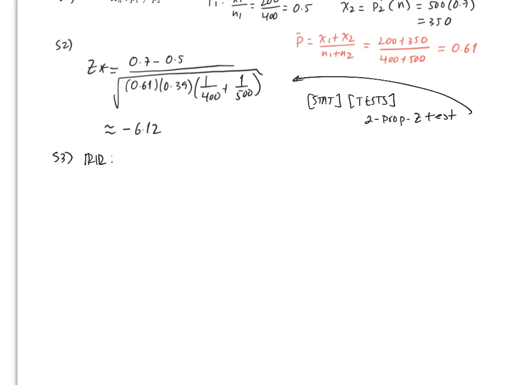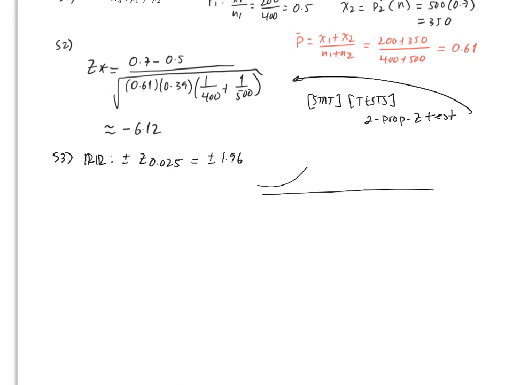Remember, this is a two-tailed test. Alpha is not given here, so that means alpha is 0.05 or 5%. So the rejection region is plus or minus 0.025, because alpha has to be divided by 2. This is equal to plus or minus 1.96.